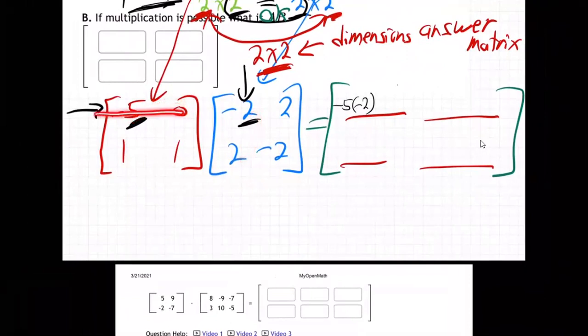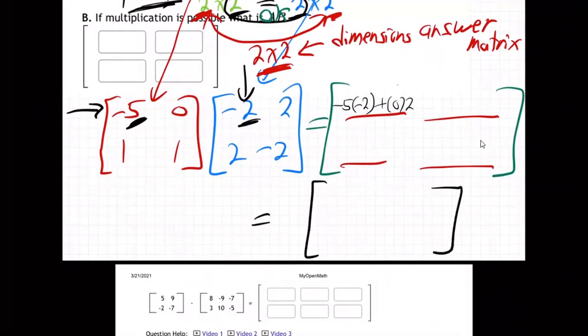See, this guy's always moving across. This guy's always moving down. So this times this, and then they jump. This times this, plus 0 times 2, which ends up becoming 10 plus 0, which is just 10.